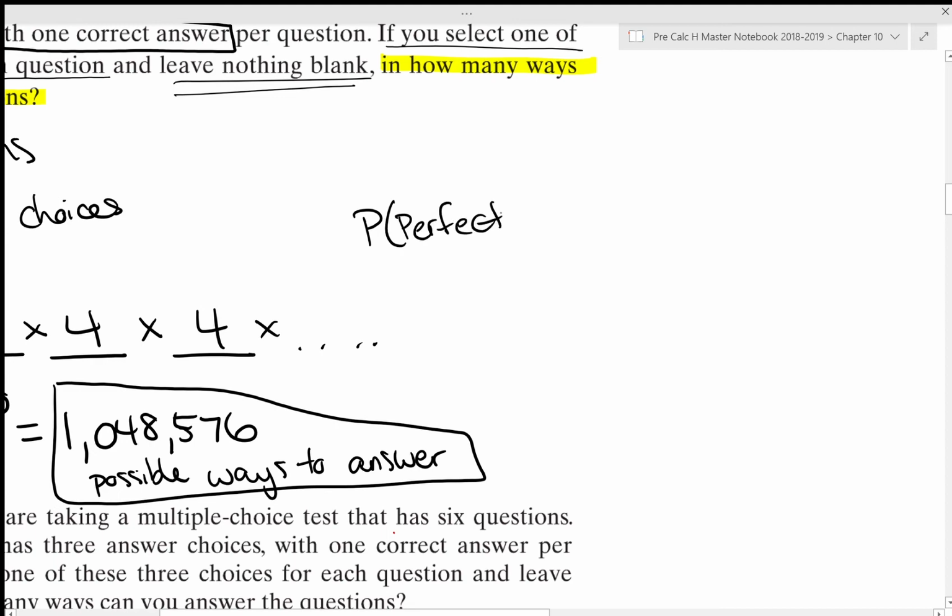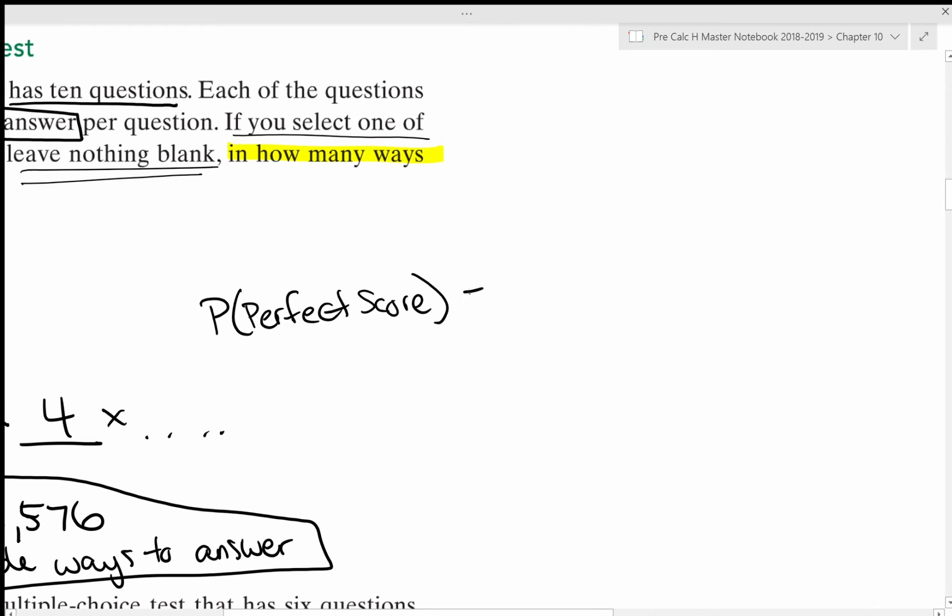Well, how many of these outcomes are a perfect score? Only 1. So 1 out of 1,048,576. Those are your chances of perfectly guessing a perfect score. So obviously, it doesn't look good. Is it possible? Yes, but very unlikely.